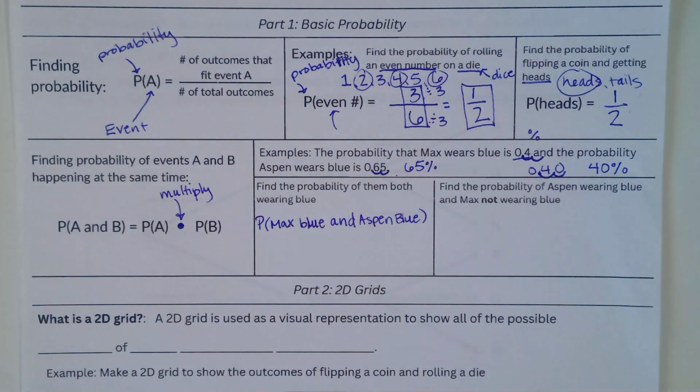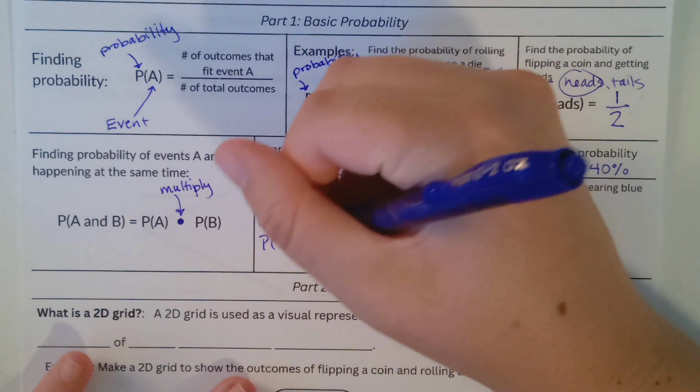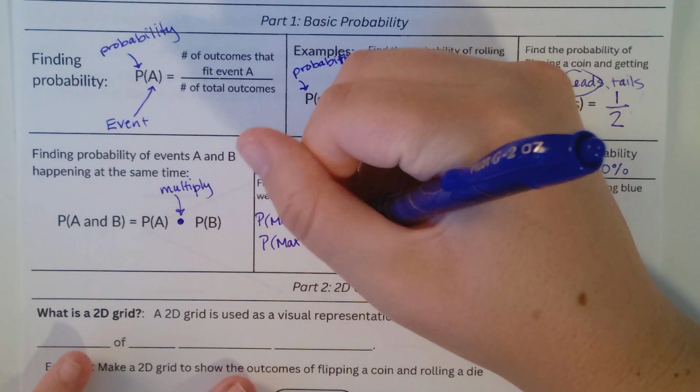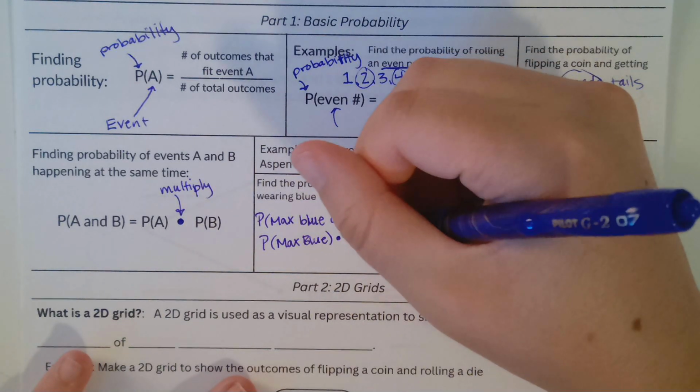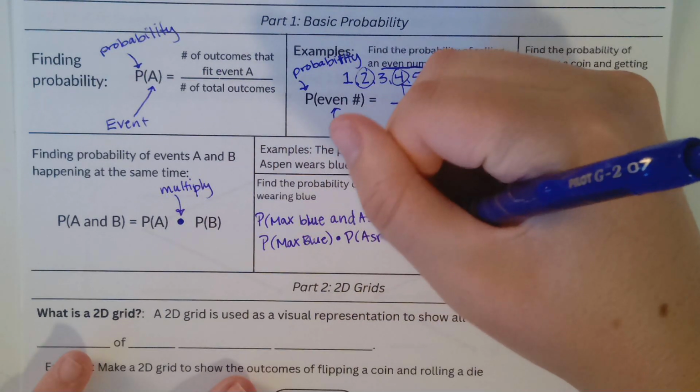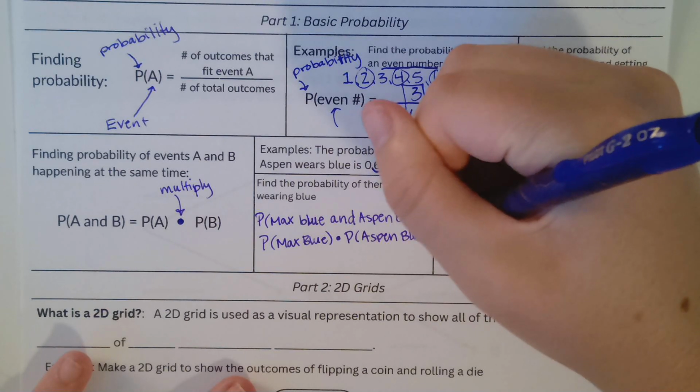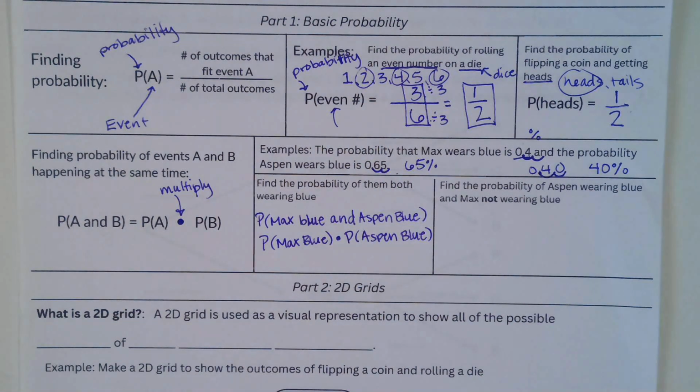That's what we're finding the probability of, that Max is wearing blue and Aspen is wearing blue. So according to this formula, what I could do is just take the probability of Max wearing blue, and then multiply that with the probability of Aspen wearing blue. Just take those two things and multiply them together, and then that's going to be the answer.